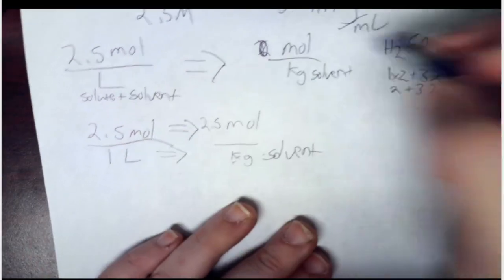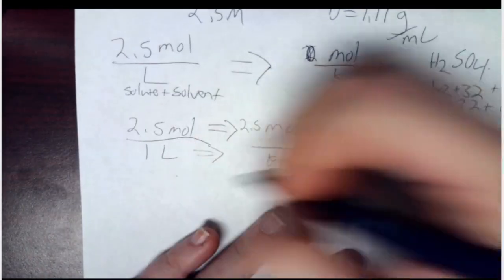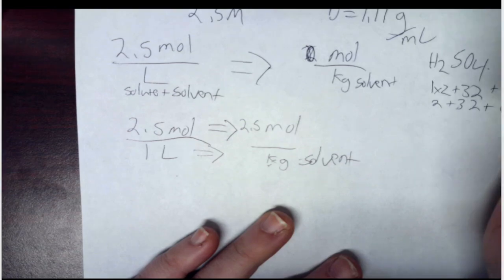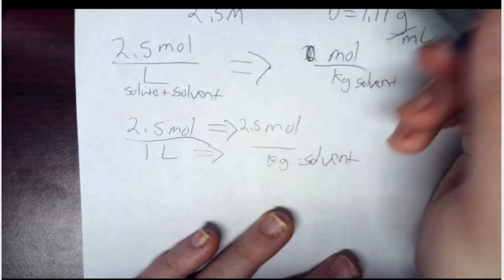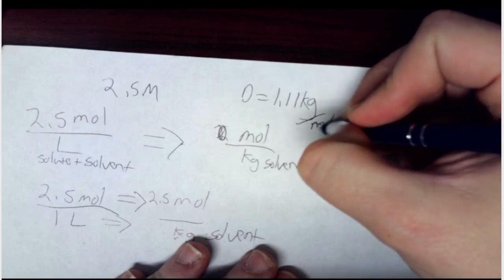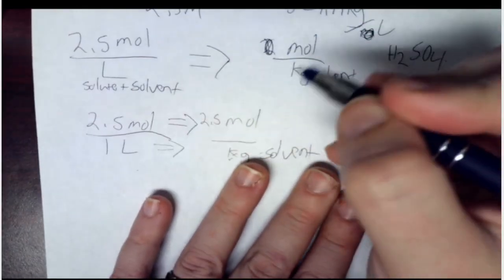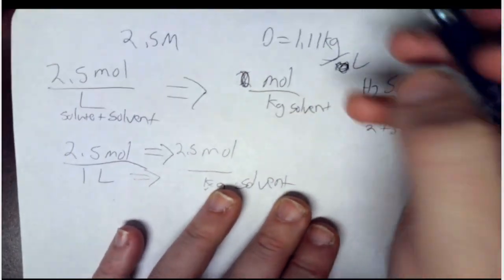The first thing I need to do is to turn liters into grams, or liters into kilograms. You could say that this is kilograms per liter, which is the same as grams per milliliter.